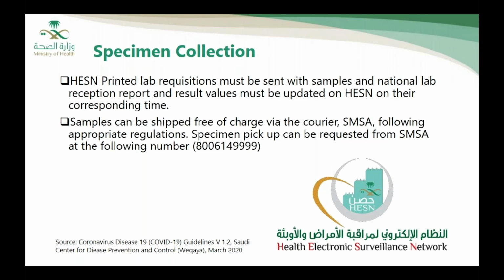Then after that, you will take the swab. Then you will label it with the Hesson number. Then you will call SIMSA on their number, and they will come directly to pick up the sample, and they will send it to the lab designated for COVID-19 investigation.